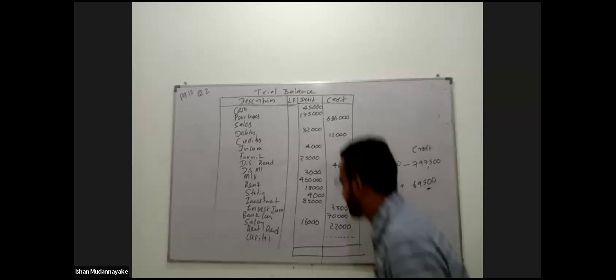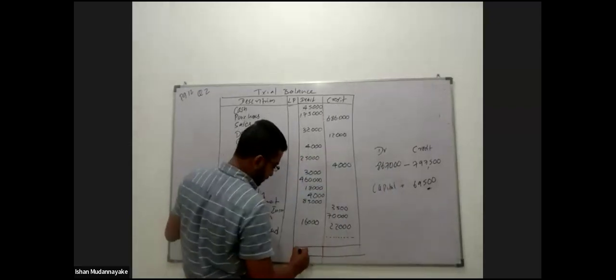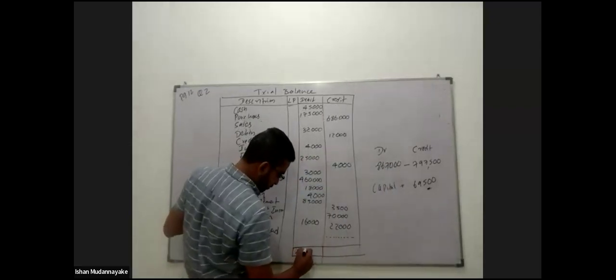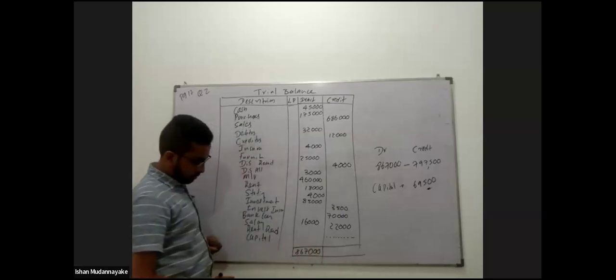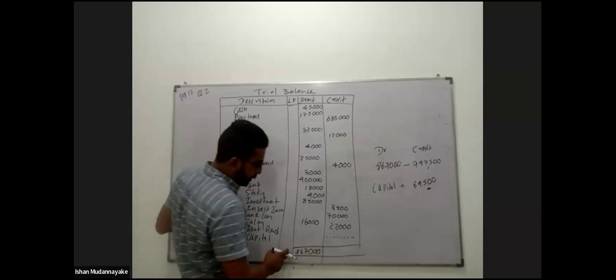Debit side total amount is 867,000. Is it correct? Yes, sir. Yes, right. Debit side total amount 867,000. You need to record that amount in the credit side.